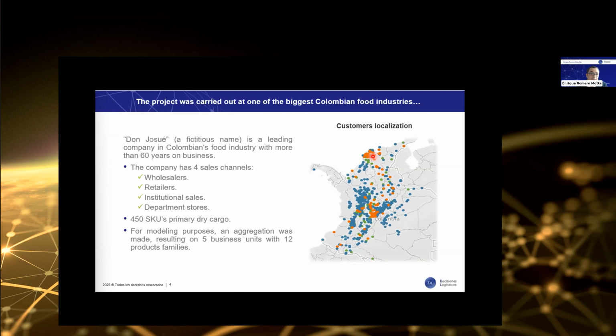The company has 4 sales channels: wholesalers, retailers, institutional sales, and department stores as well. 450 SKUs, primary dry cargo. And we also aggregated a little bit, in order to simplify the modeling stage. We aggregated products into 12 product families.